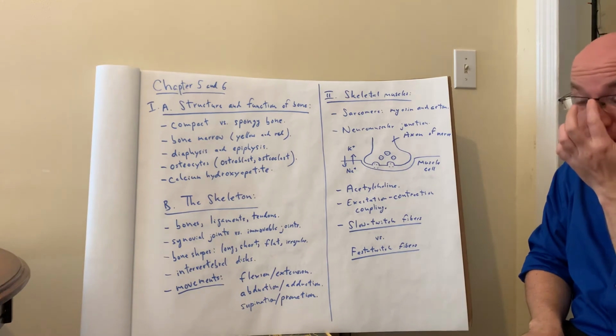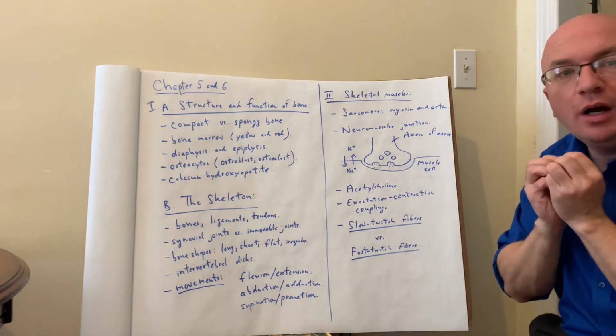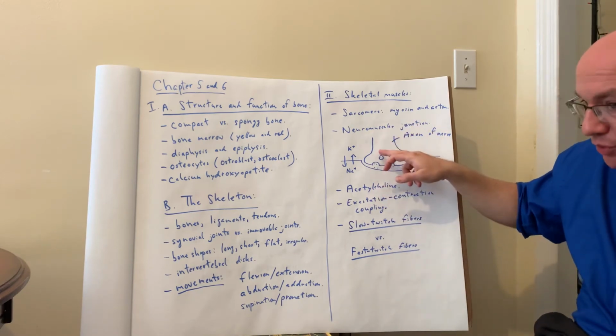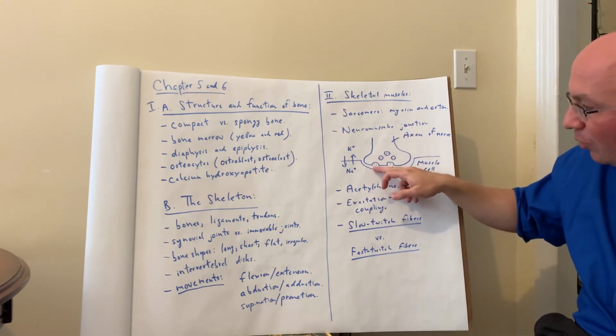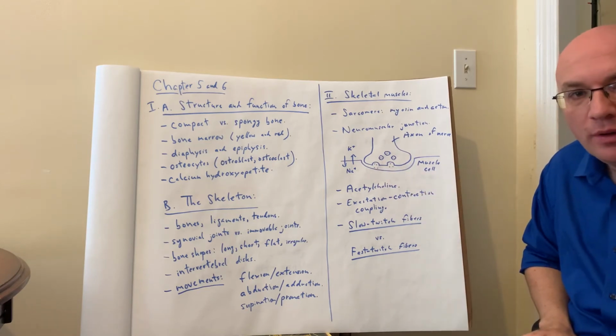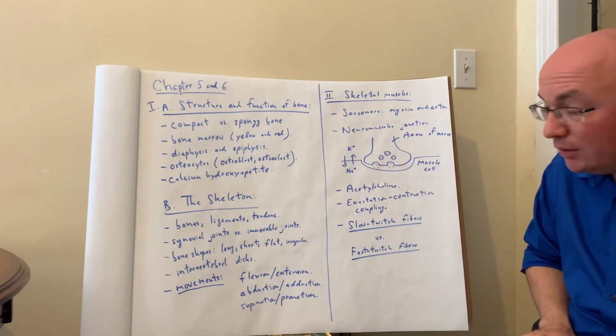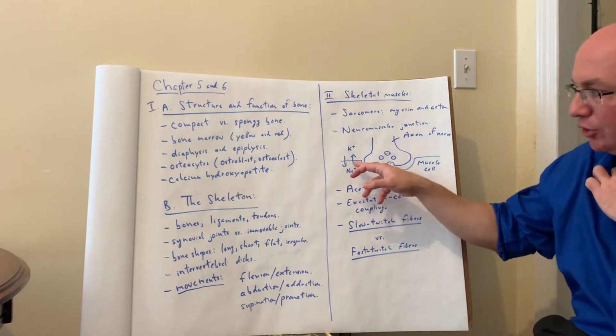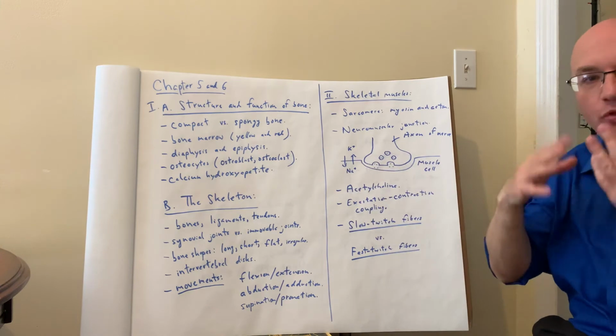What happens here is that the electrochemical message, primarily a neurotransmitter, acetylcholine, travels through the axon and reaches this area. Once it's released here, it binds to the receptors on the wall of the muscle cell. Once that receptor is activated, it causes electrical changes in the cell membrane, what we call an action potential.